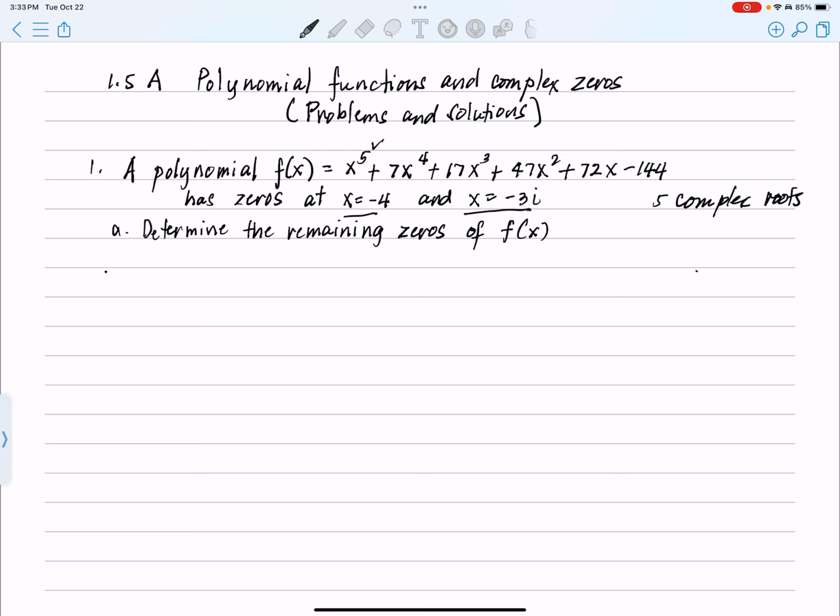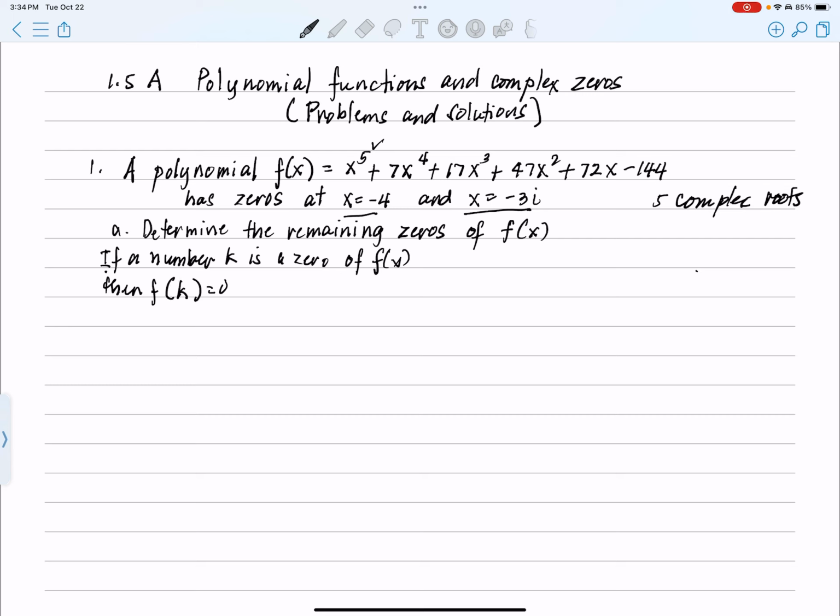So if you remember that if a number, let's say k, is a zero of f of x, then f of k is 0.